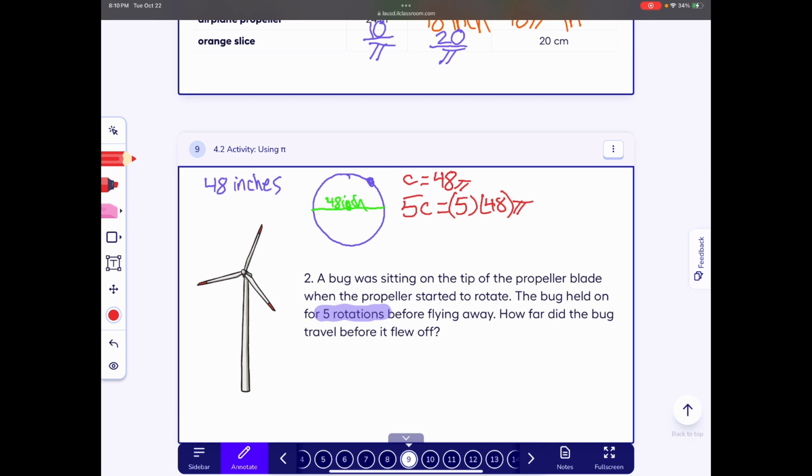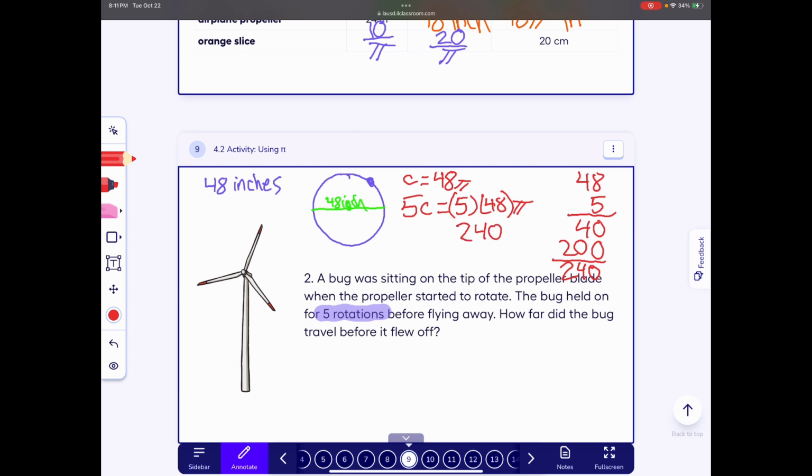You can leave the pi, but let's multiply the 48 out by 5. So 48 times 5. 8 times 5 is 40, and then 5 times 4 is 20. So the total is 240, and remember that's times pi.